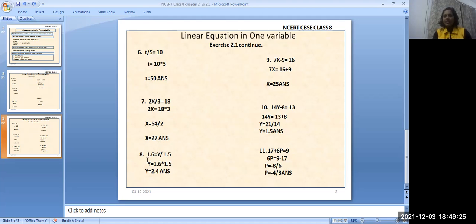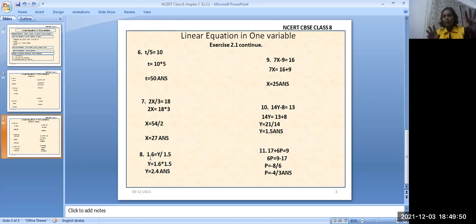Now let's talk another question, 8. Here you can see 1.6 is a decimal value, which is equals to a variable y divided by again another decimal value 1.5. So 1.5 is a number, decimal number, and 1.6 is a decimal number. So we need to find out the value of y.